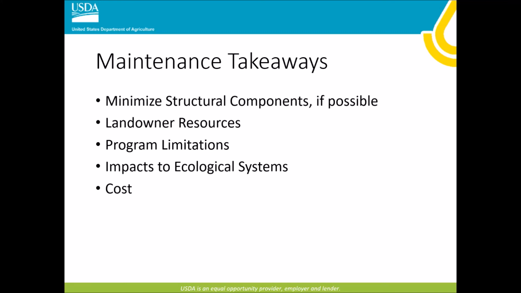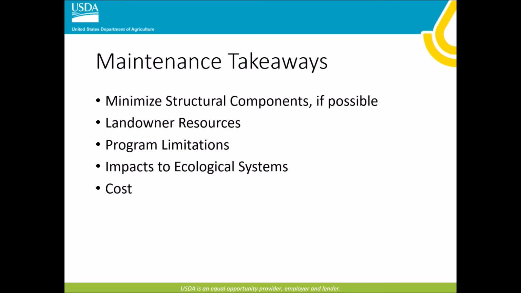Also not to be overlooked are the program limitations of the project that you put in. Many programs stipulate how and when a site is managed, or when that management can be performed. So keep that in mind. Any structure maintenance that we do on a wetland is going to have devastating effects on the ecological systems of that wetland site.